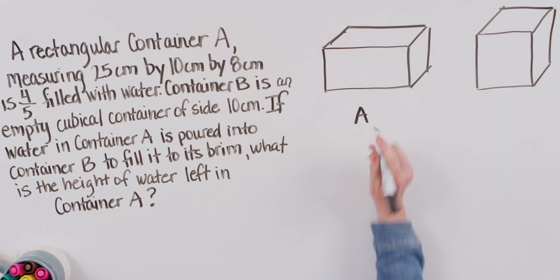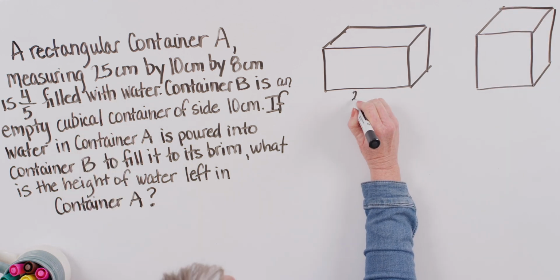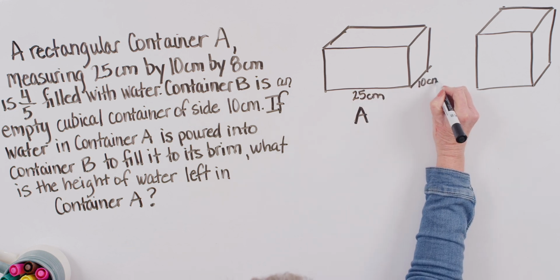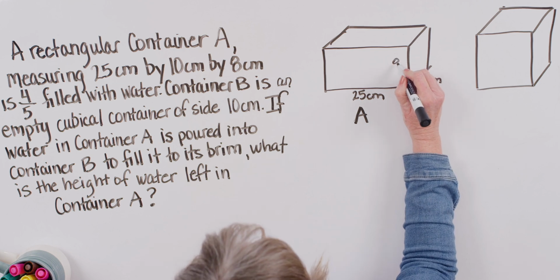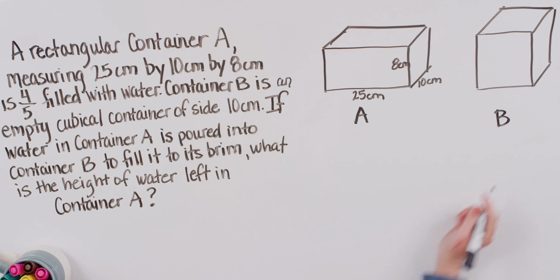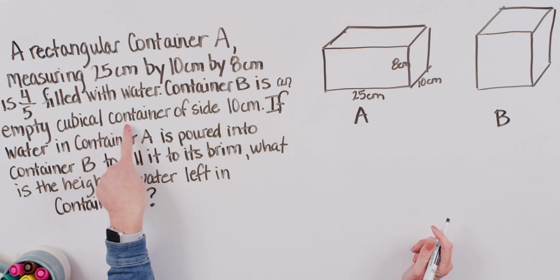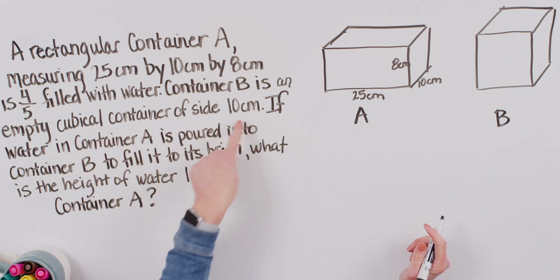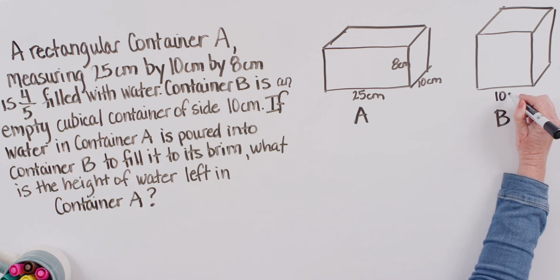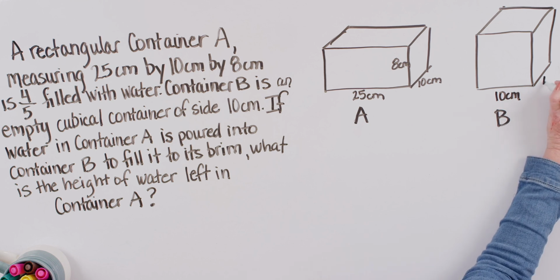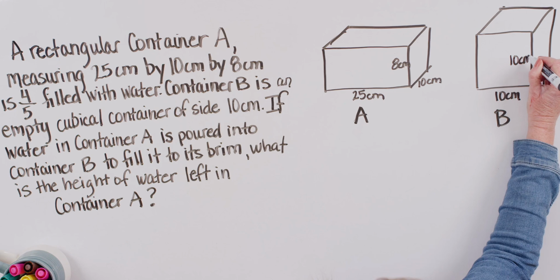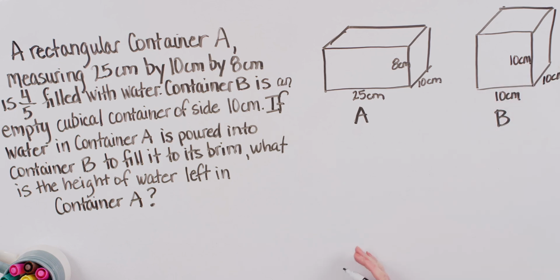Remember that my A measurements were 25 centimeters by 10 centimeters by 8 centimeters. And my container B says that it is an empty cubical container of side 10. So if it's cubical, meaning a cube, that means that there's 10 centimeters as its length, 10 as a width, and 10 as height. Right? They're all equal when it's a cube.